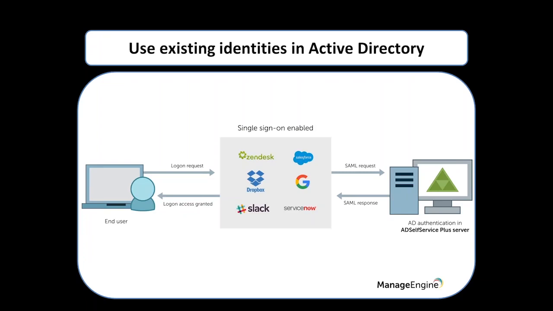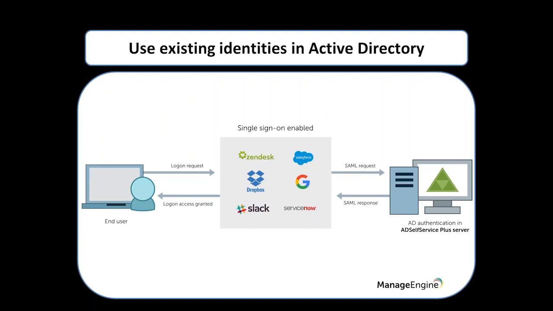So once single sign-on is enabled, for example, for Zendesk, a logon request is sent and an SAML request is verified with the AD Self-Service Plus server. An Active Directory authentication takes place. And what I mean by an Active Directory authentication is the user's Windows logon credentials are verified. And once this is done, an SAML response is sent back and the logon access is granted to not one, not two, not three, but more than 100 single sign-on configured applications right from the AD Self-Service Plus portal.